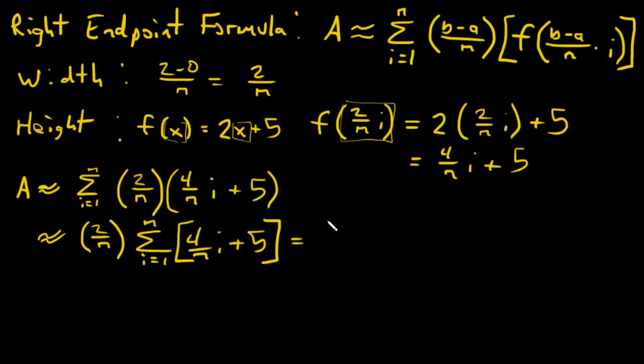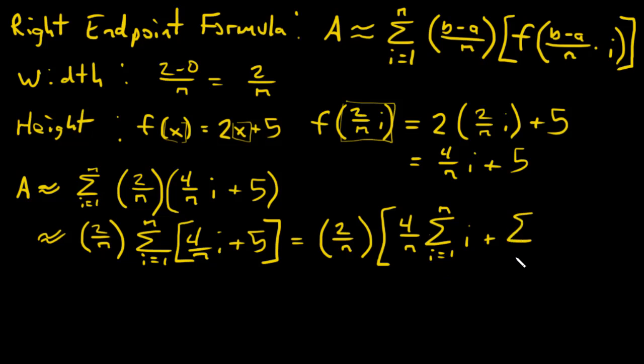Now this is equal to 2 over n times, here we go, big bracket. I can move the 4 over n on the outside of the summation, i equals 1 to n, and what's left? i, plus summation i equals 1 to n of 5.